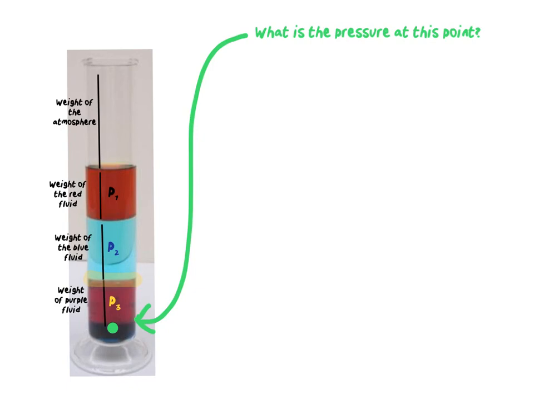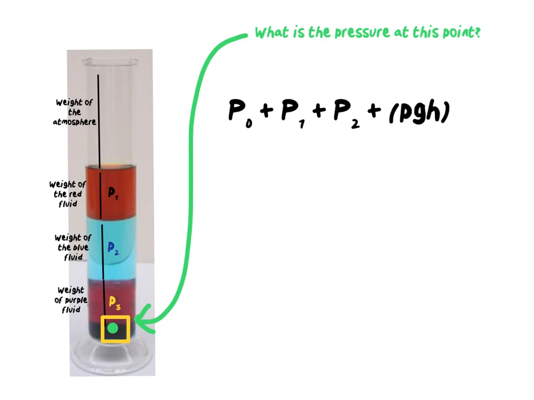So what I would literally do is write the pressure at this interface right here, P0, plus the pressure at this interface right here, let's call that P1, plus the pressure at this interface right here, we'll call that P2, plus this amount right here, which we've shown we can write as the expression rho times g times h.